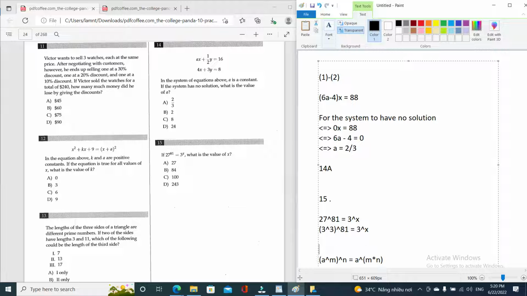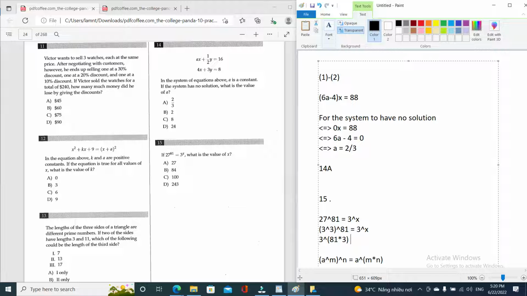So in this case, it's just 3 times 81, because of the rule here.